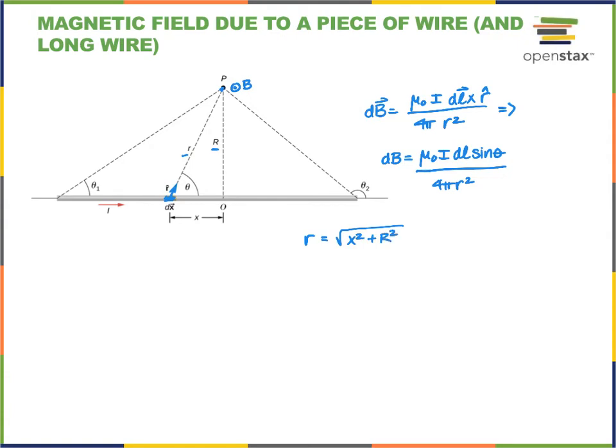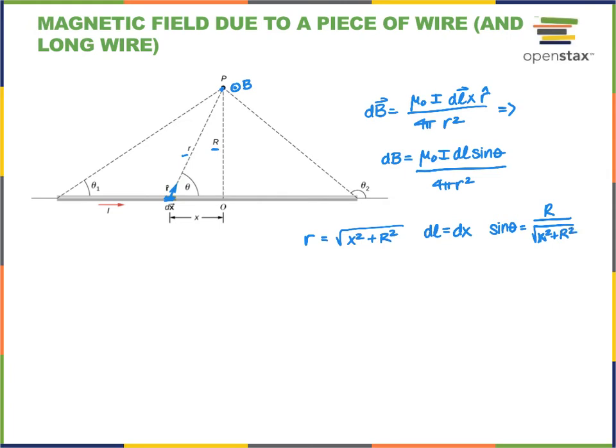So that's my distance from the piece of wire to the point P. dl, I might as well just write as dx because it's along the x-axis. And then the sine of theta, you can see how theta is defined, is R over the square root of x squared plus big R squared.